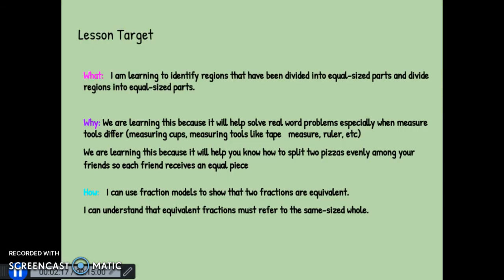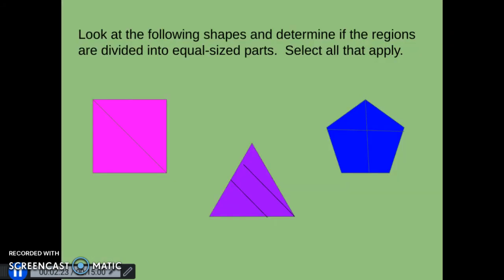And again, there's our lesson target, so you can look at it again if you need to. Our focus, like I said, was going to be determining whether or not a shape is divided into equal parts, or the regions are divided into equal parts. So we're going to think about that, and we're going to select those that apply.